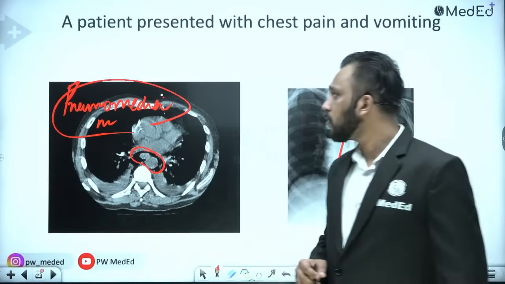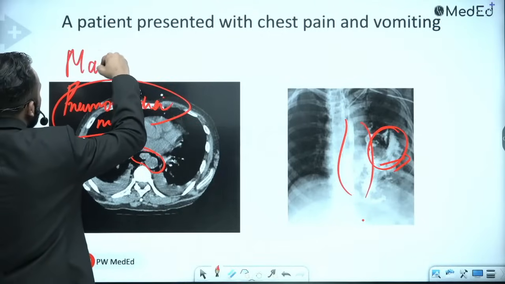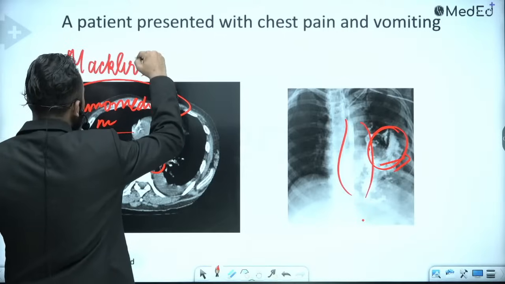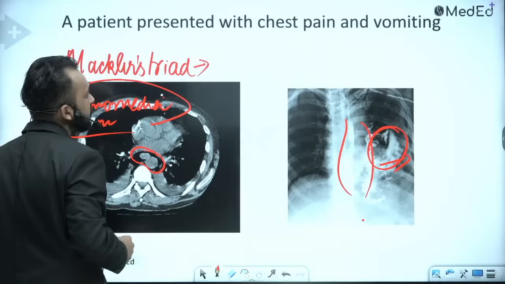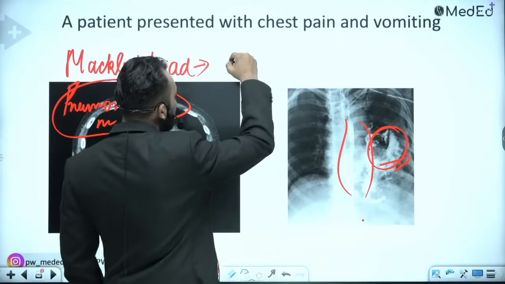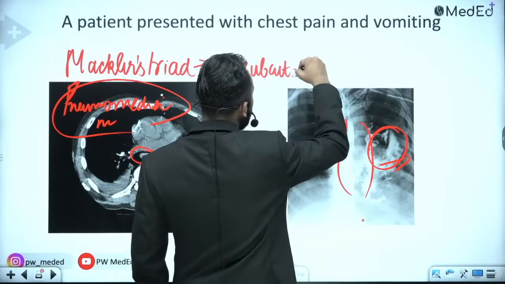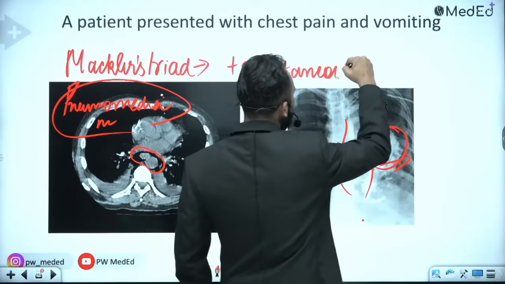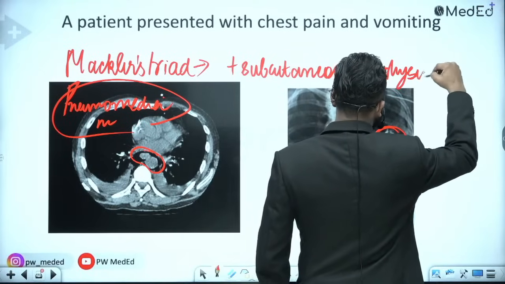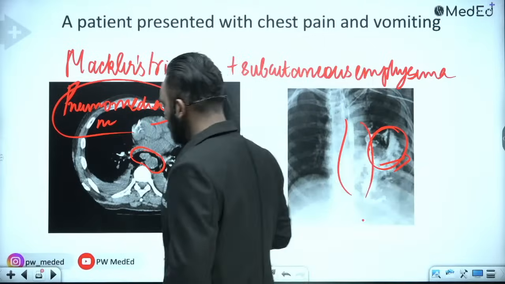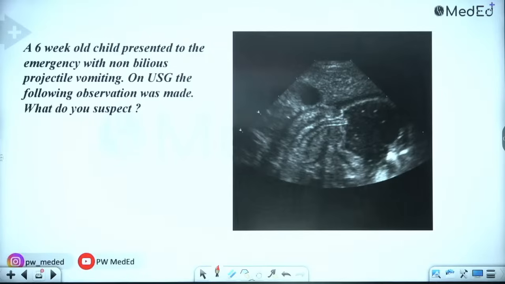And in Boerhaave syndrome you are going to see this Macklin effect, with chest pain, vomiting, plus you will see subcutaneous emphysema. So this is the Macklin effect seen in Boerhaave syndrome. This we have already studied.